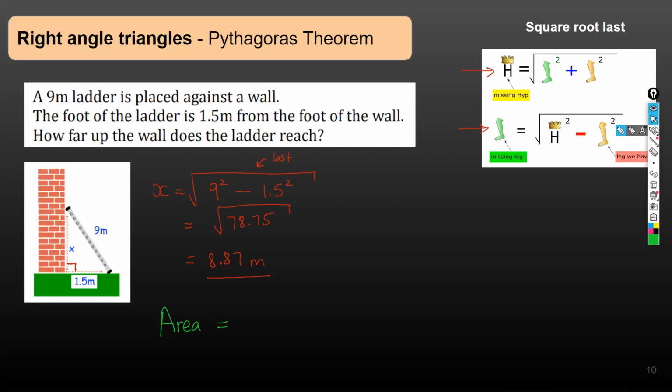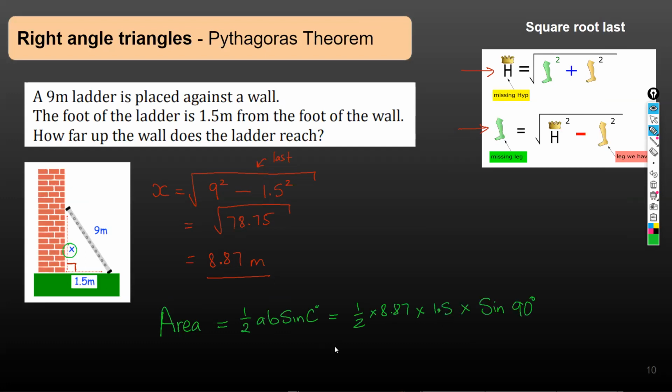So define the area, remember it's a half AB sine C, where the two sides we have to choose are x and the 1.5. Now we know the value of x is 8.87, the other side is 1.5, and the angle in between them is 90 degrees.